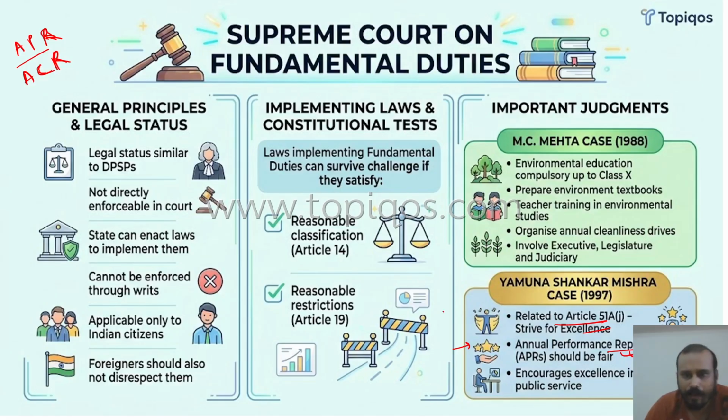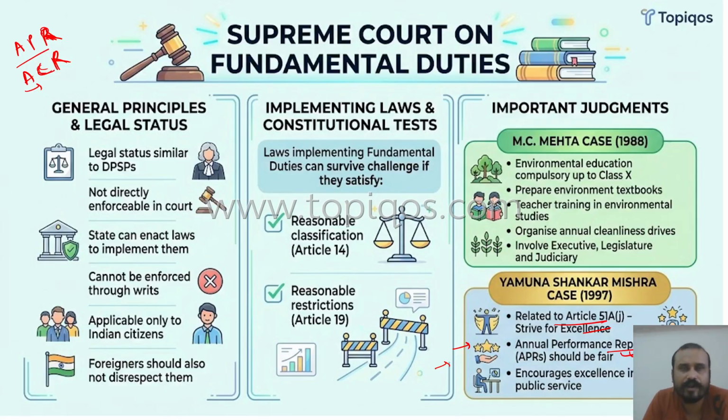What is the point here? If it is made subjective, and not enough attention is given to filing this report, then how will you achieve excellence? Because how will you know which civil servant should be promoted?